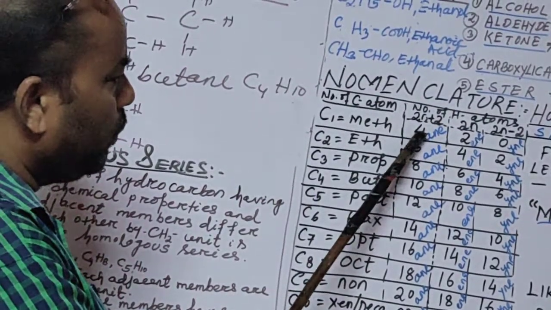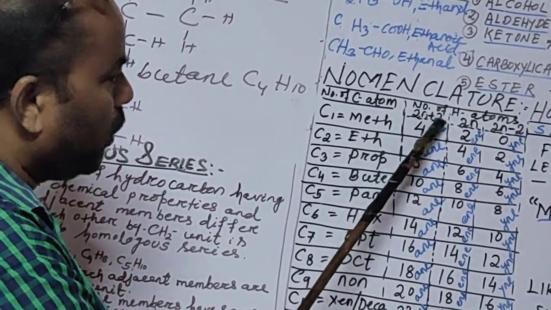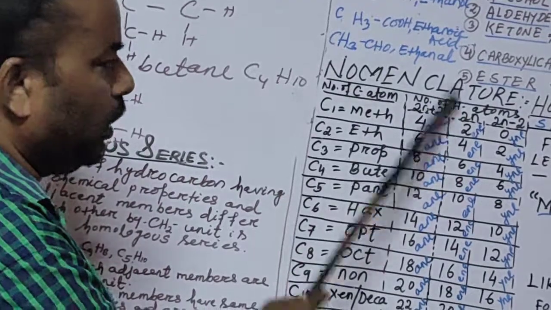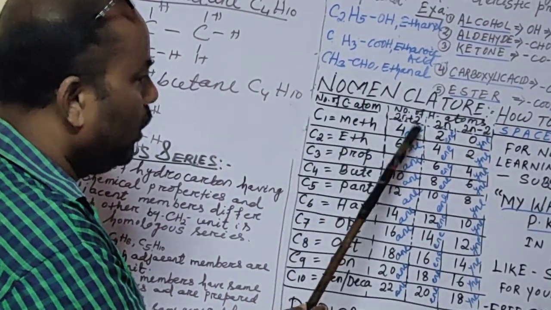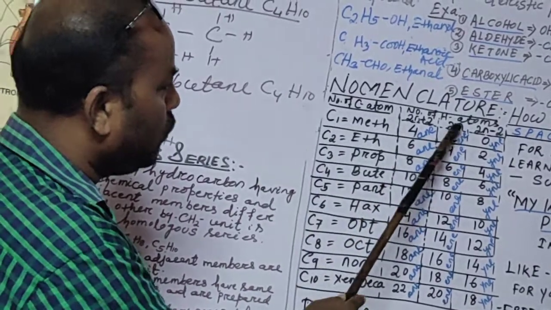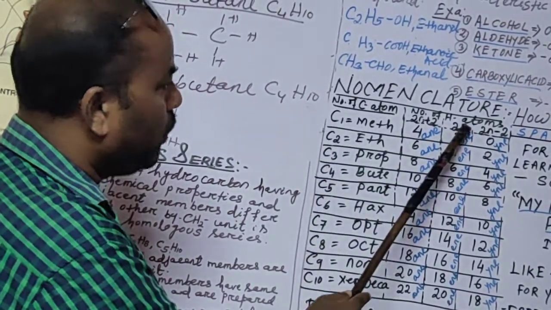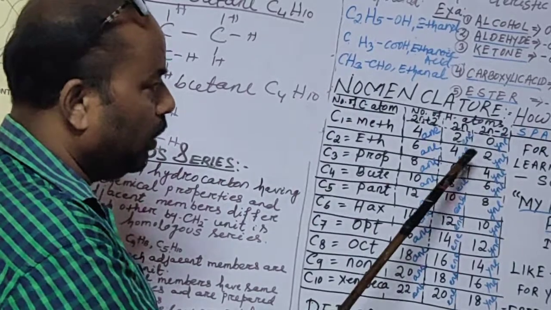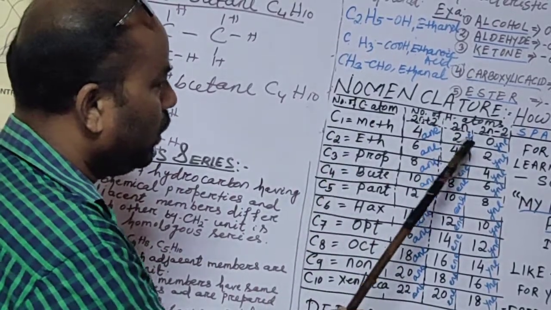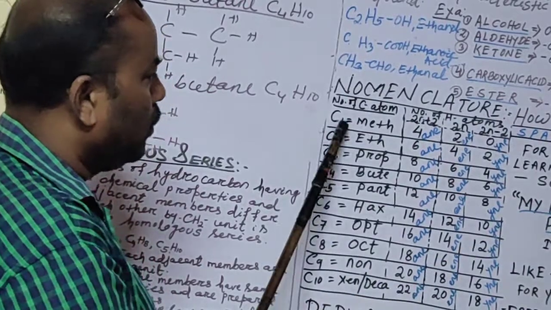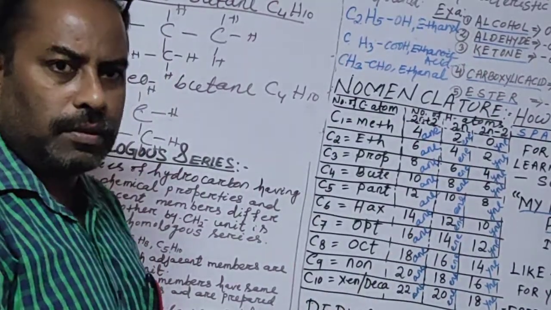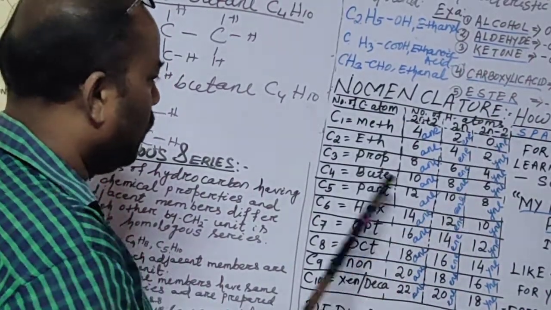If hydrogen is 4, following this formula, it is the ANE, alkane group, so meth plus ANE, methane. If hydrogen follows the 2n formula, it is ENE. If there is no hydrogen, there is no member.